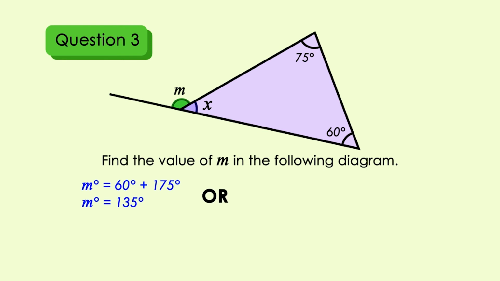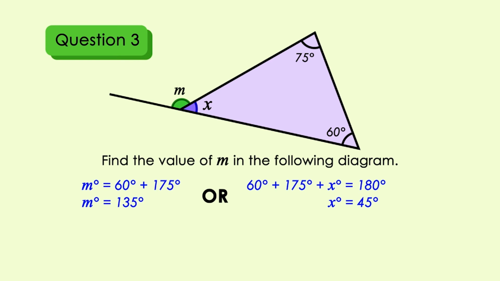There's another way to solve this problem. First is to find X, which is the interior angle of the triangle. Using the formula, we can write 60 degrees plus 75 degrees plus X equals to 180 degrees. Solve for X and the answer will be 45 degrees.